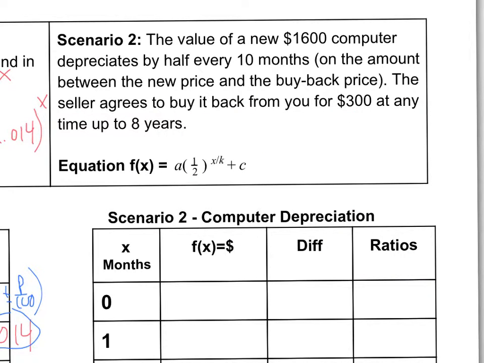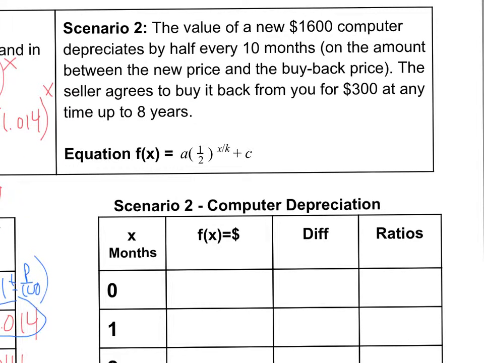So just to get you started on scenario 2, what I'll do is create an algebraic representation for the relationship. We've got a $1,600 computer that's depreciating by half every 10 months. But wait a second, it's a $1,600 computer, but there's a buyback of $300.